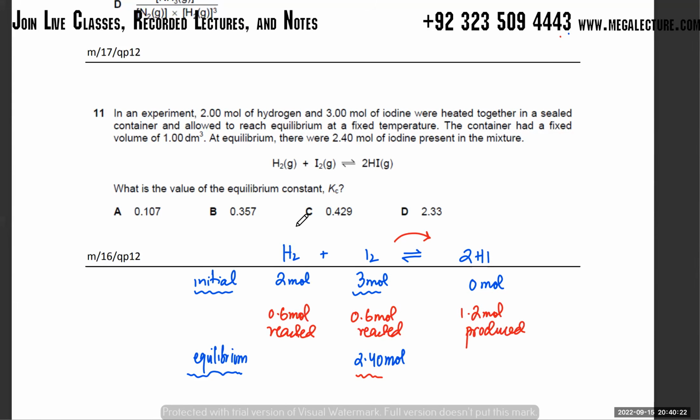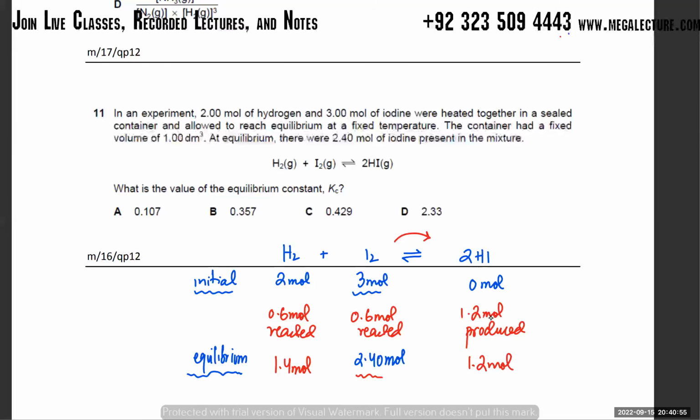Is that clear that 1 reacts with 1 produces 2? Yes, sir. Now you started off at 2 moles, 0.6 are gone, so you're left with 1.4 moles. You started off with 0 moles of HI and 1.2 moles extra got produced, so you've got 1.2 moles, right?